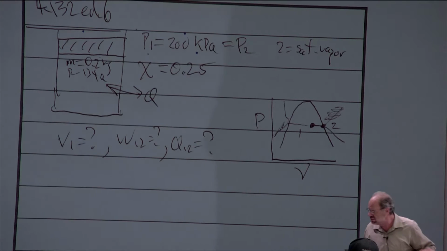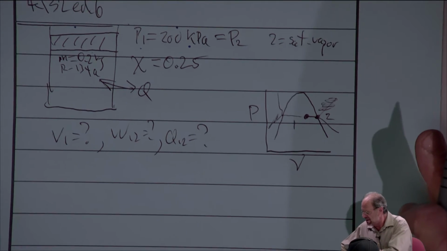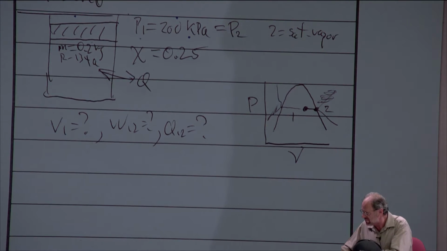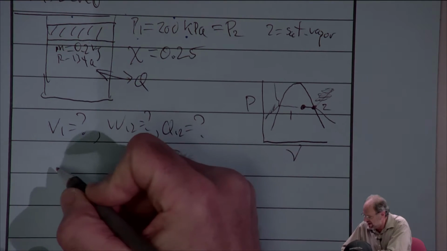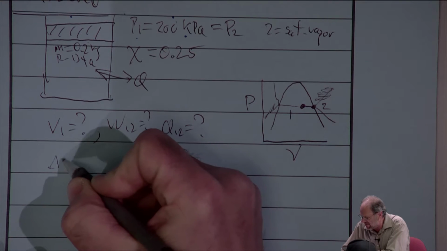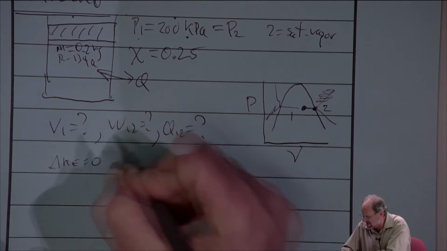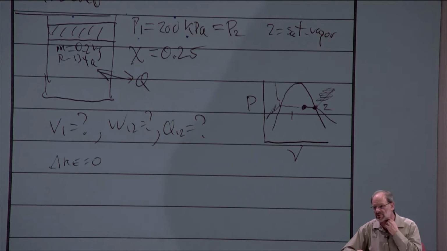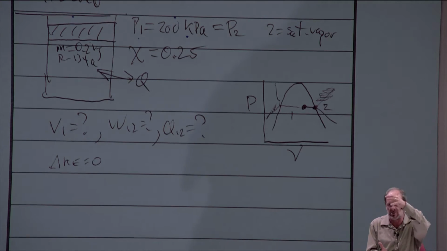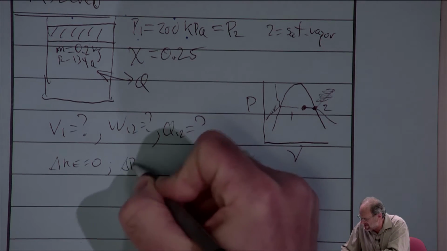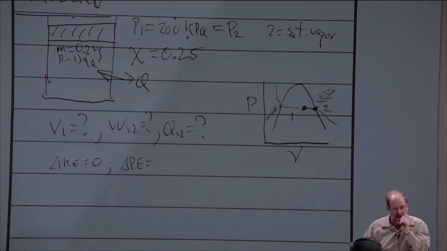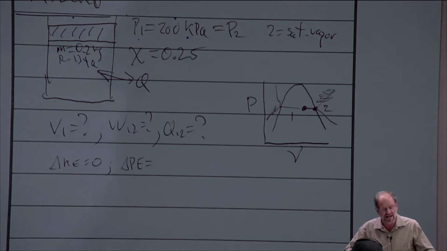All right, so what next do we need to do? Well, let's make sure we know what to assume, what not to assume. First of all, there's no kinetic energy change, as is the case with essentially all these problems, right? There's no velocity associated with the substance that's in that cylinder. What about the potential energy? Clearly there's going to be a height change, right?